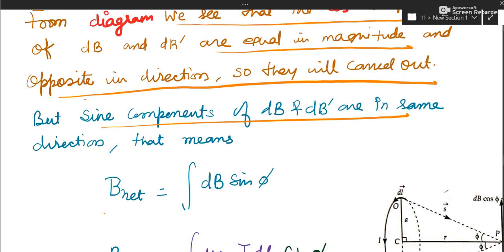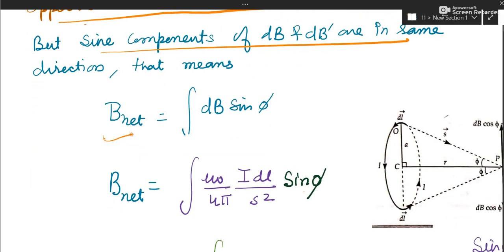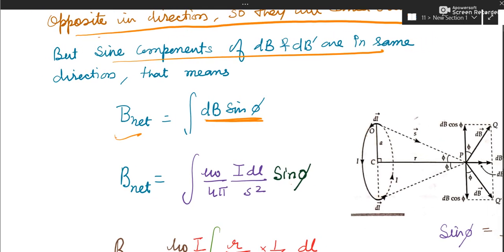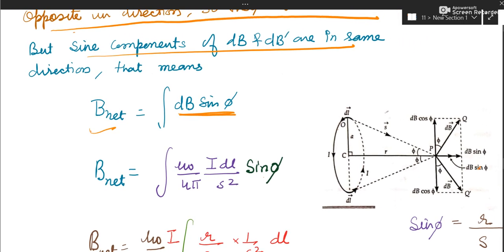So the net magnetic field will be found by adding all sine components, of all the elements into which we fragment the circle. So the net magnetic field will be found by integrating all sine components of the magnetic field.